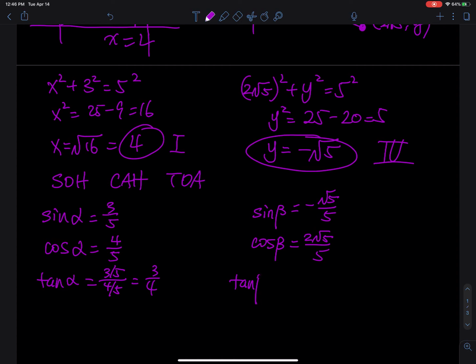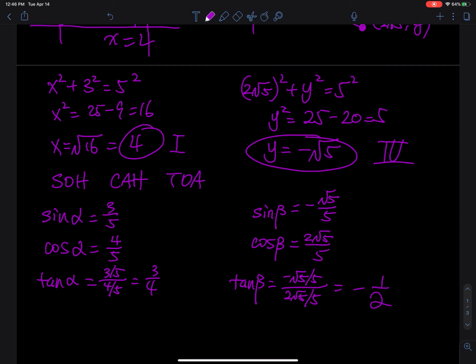For tangent beta, we have sine divided by cosine. Okay, so the denominators are cancelled, and the root 5s are cancelled. So this is just equal to negative 1/2. Or you can take the top divided by the reciprocal of the bottom, and then you cancel out the terms.